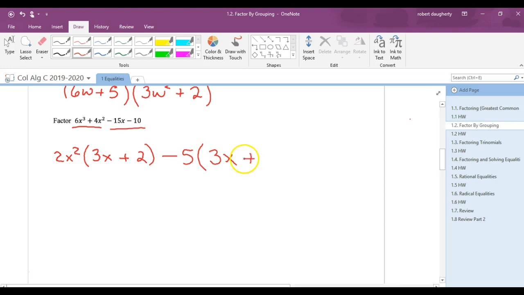Positive 2, right? And there we go. And so these match. So what's the final answer? Yeah. So 2x squared minus 5 times 3x plus 2. You've done this before. You remember this. You don't remember this. Okay.